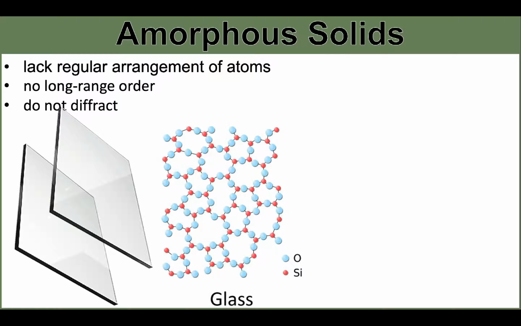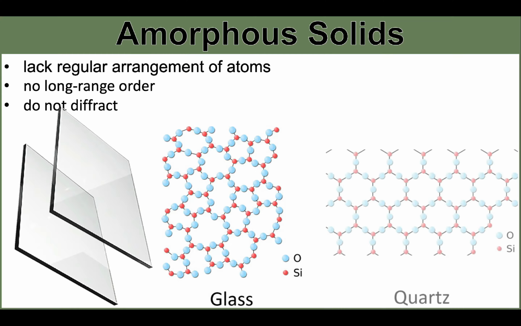So they behave more as a liquid than a solid. Now this figure shows a crystalline silicon dioxide, or what we call quartz. Just by observation, you will already know the difference between amorphous silicon dioxide and crystalline silicon dioxide.